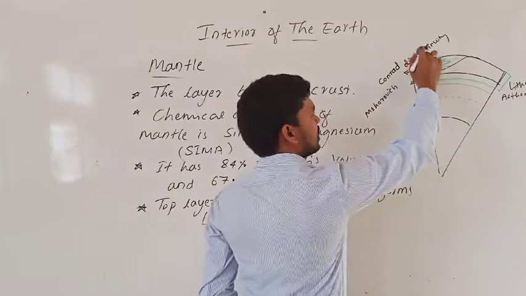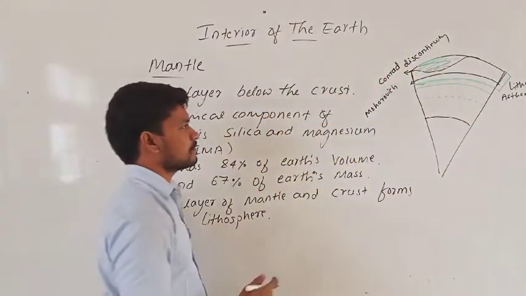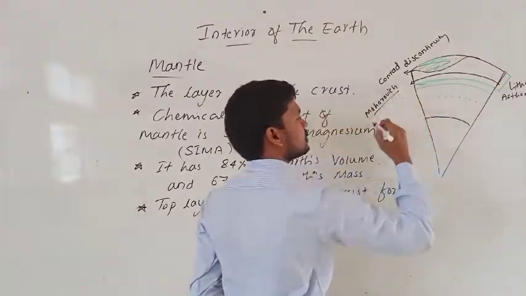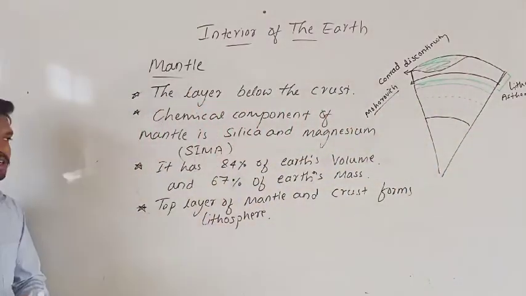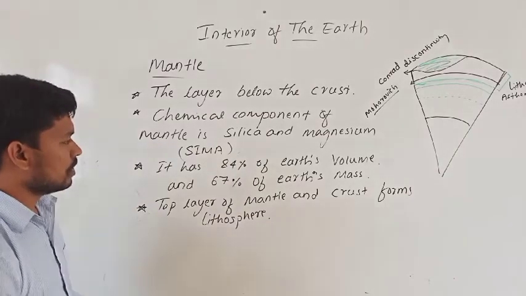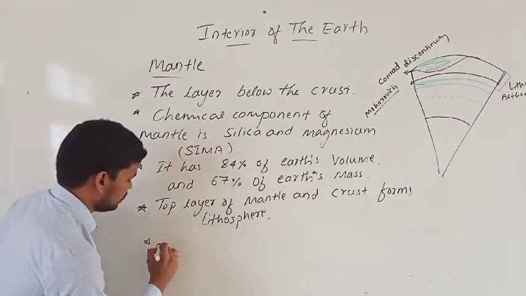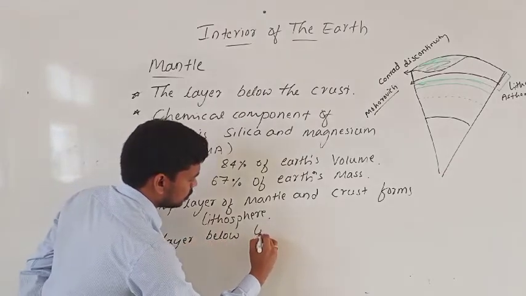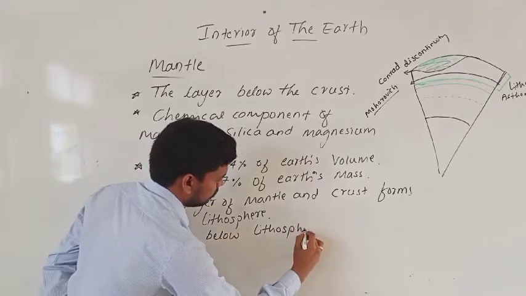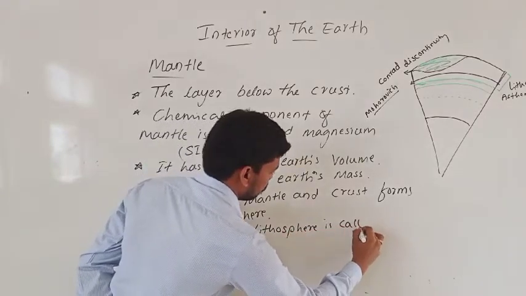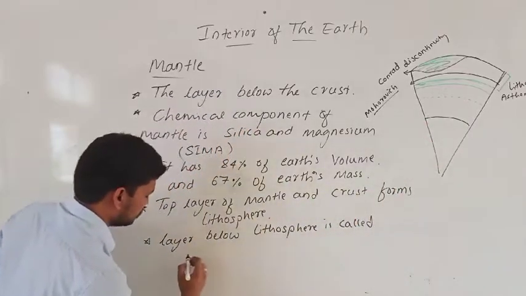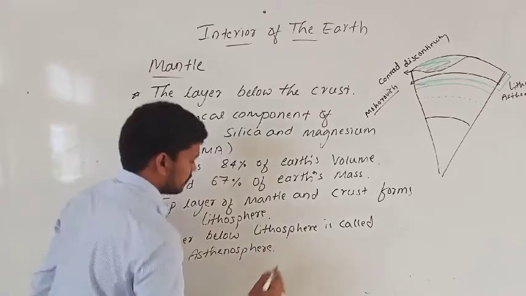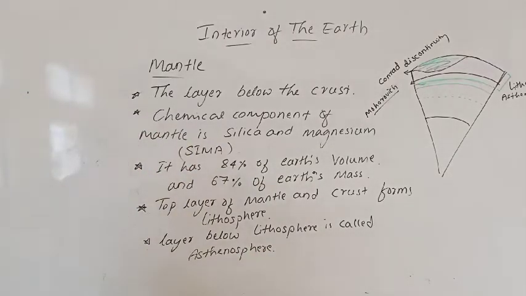The discontinuity which divides the crust and mantle into two separate layers is called Mohorovicic discontinuity. The layer below the lithosphere is called the asthenosphere.